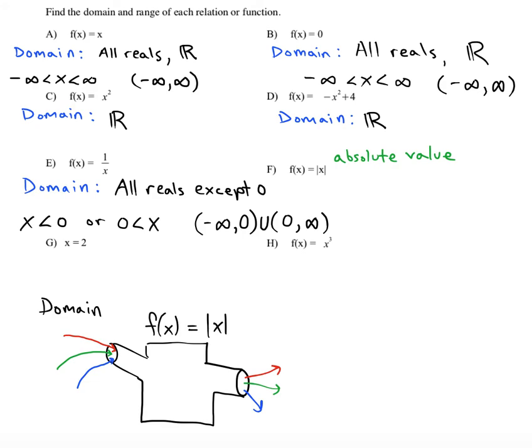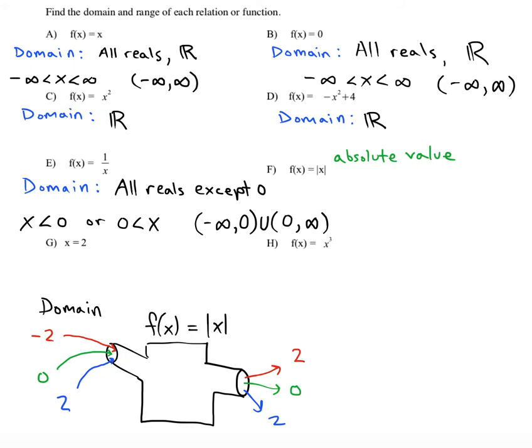So for example, if we were to throw in negative 2, 0, and 2 here, then negative 2 becomes positive 2 because it takes a negative and makes it positive. 0 has no sign, so it'll just stay itself. 2 is already positive, so the output will be positive 2. The idea being it takes any number and just gives us the positive value of itself.